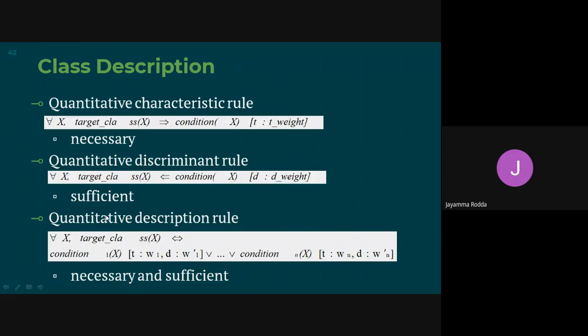Whereas the quantitative description rule includes the target class and the condition, T weight and D weight. It has multiple options here, which are necessary and sufficient for the class description.